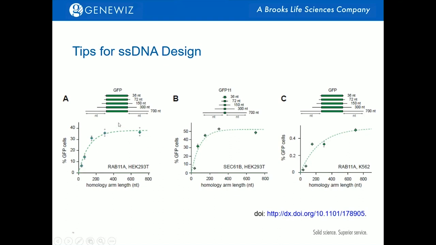In general, the longer the knock-in sequence is, the longer the homology arm should be. And when you compare figure A and figure C, you will see that when you knock in the same insert to the same protein target, but in different cell lines, the optimal homology arm is different from each other. So it has to be decided on a case-by-case basis.